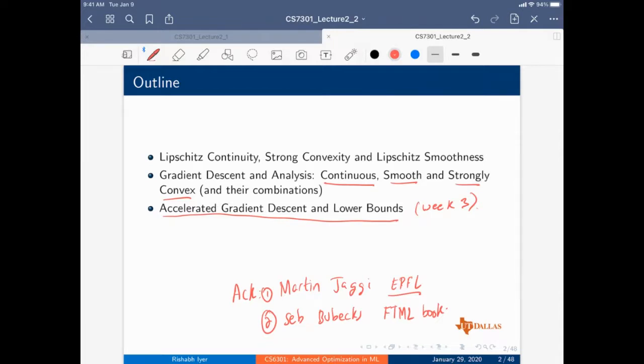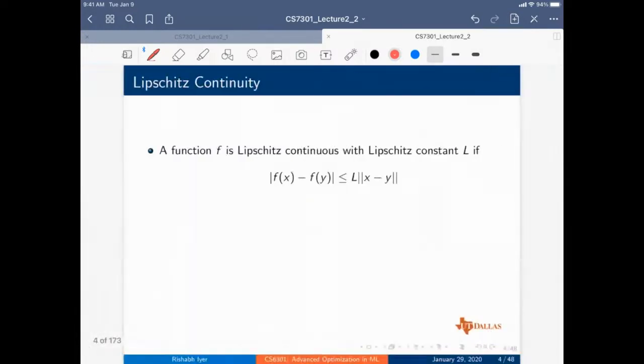For a long time I was searching for a nice and simple way of proving the convergence results of various gradient descent algorithms. I think these proofs are nice, but a little more involved. As you can see, there are 173 pages here, so this is obviously going to be long. That's why I'll skim through most of the proofs, but I'll put up a more detailed lecture.